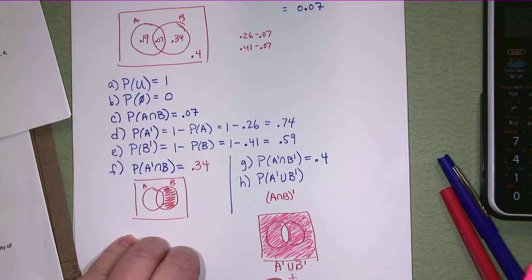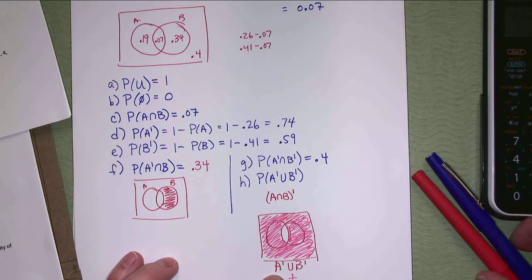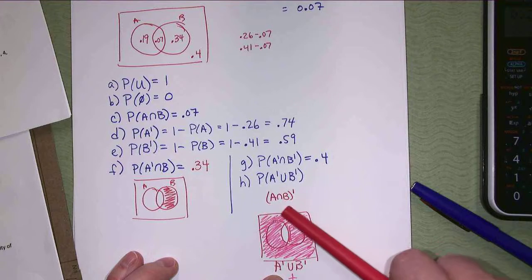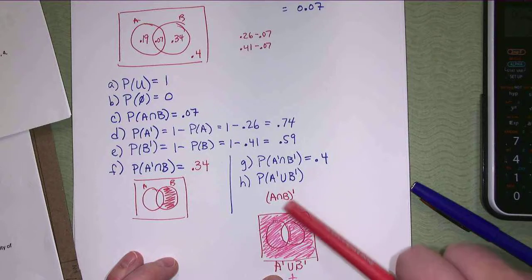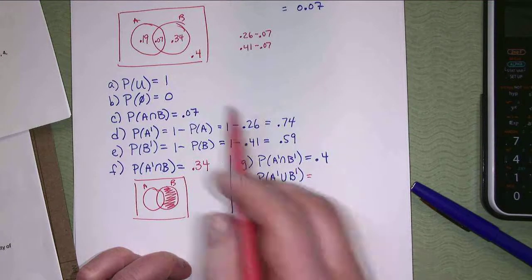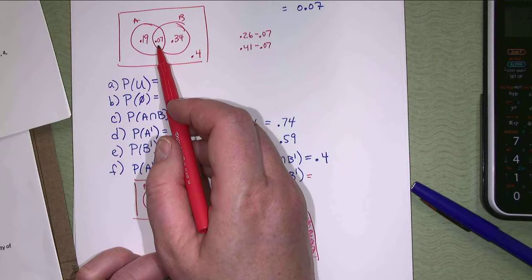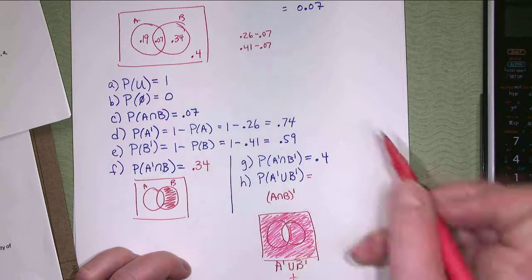So that's what the picture would look like. Just the center not included. And if you look at this, this is A intersection B, which is the center. All right, so either way, not the center. So if we knew the center is 0.07, you could add these three, or you could just say 1 minus 0.07.